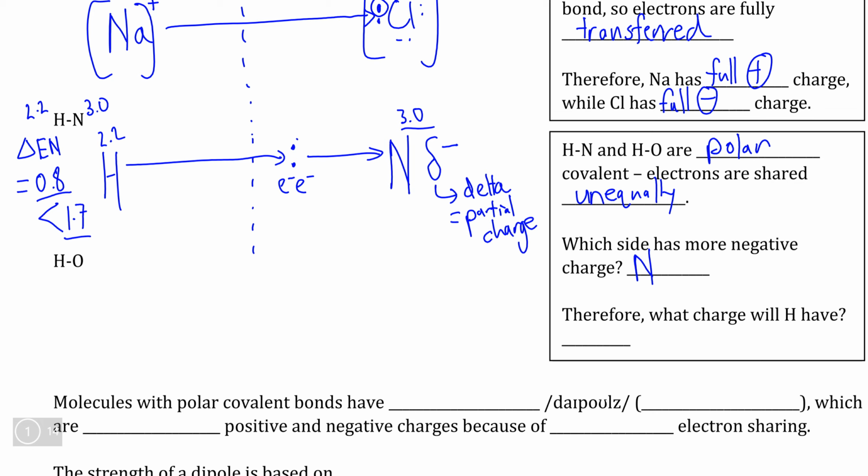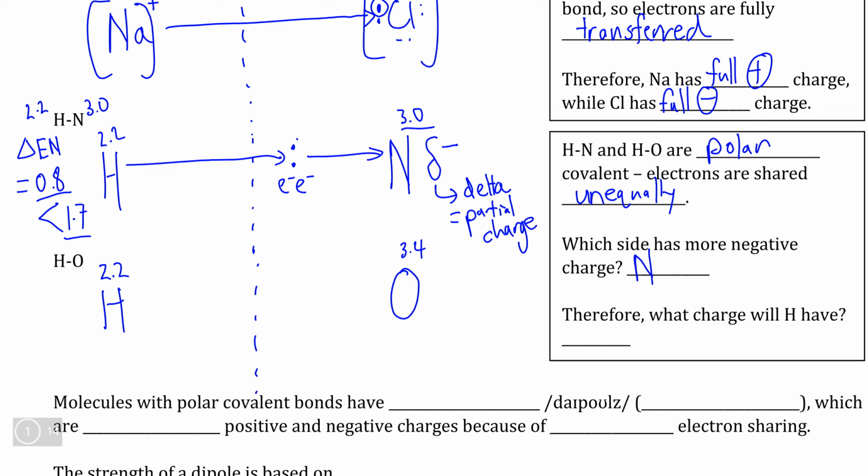Next, if we consider the bond between hydrogen and oxygen the same way, here's the dotted line that represents exactly halfway between the two atoms, and we know from the periodic table that oxygen's electronegativity is 3.4 and hydrogen's is 2.2. So just like with nitrogen, oxygen wants the electrons in its bond more than hydrogen, and even more than nitrogen.